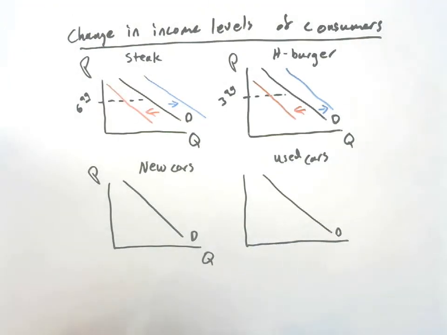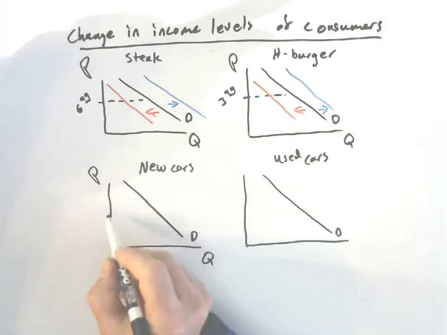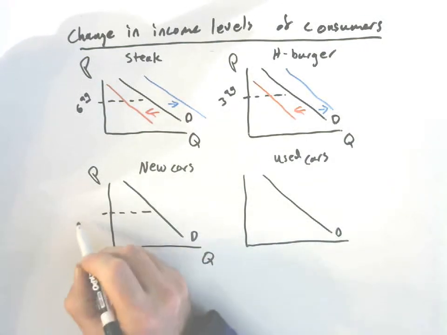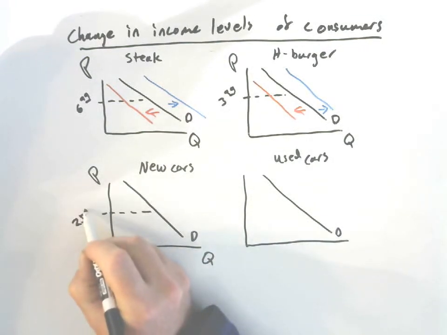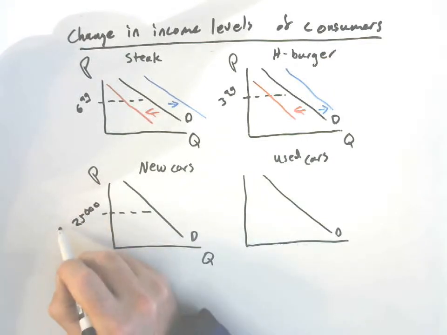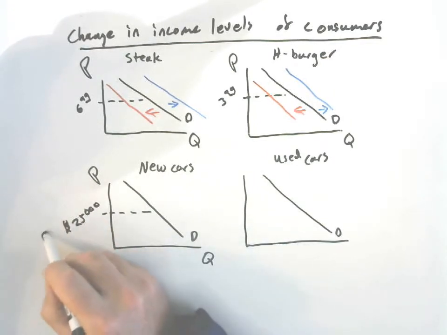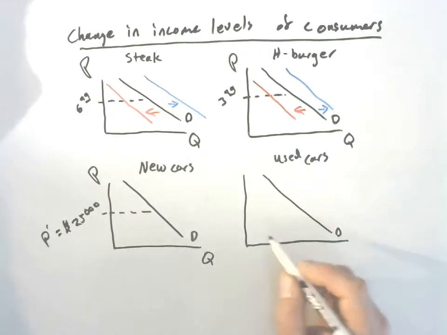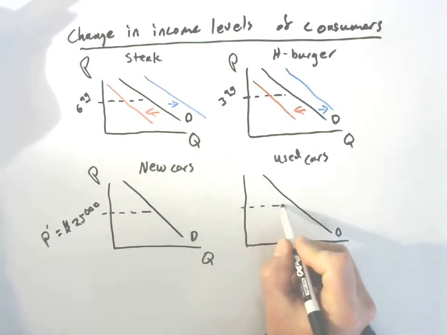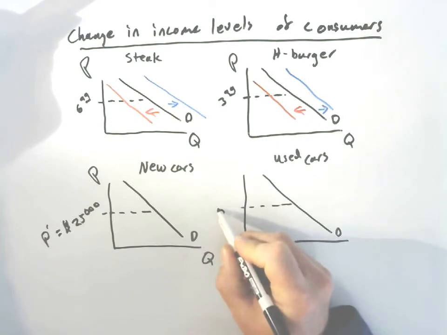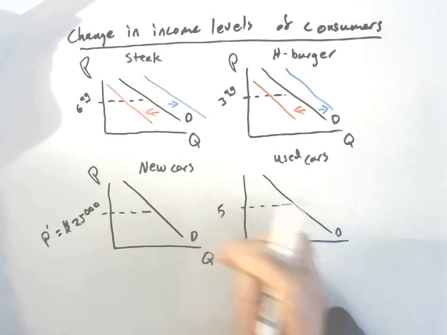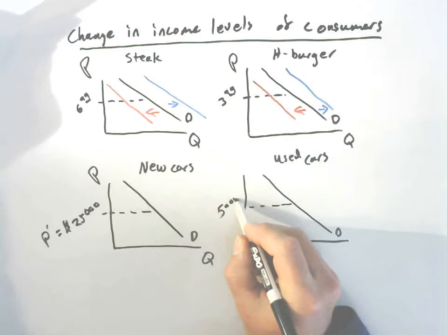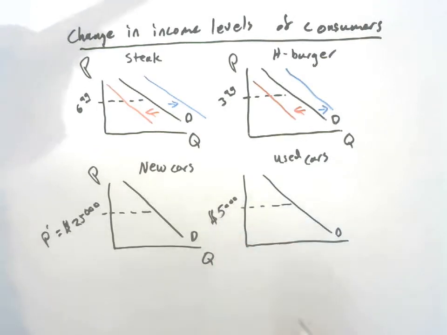Say the typical new car costs $25,000, and let's say the typical used car only costs $5,000. So that P prime on used cars is $5,000.